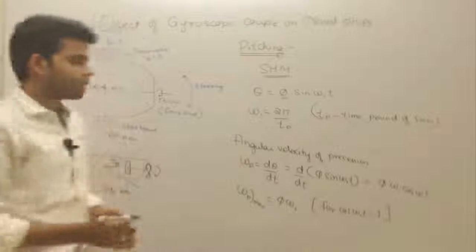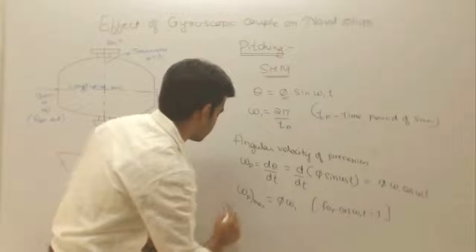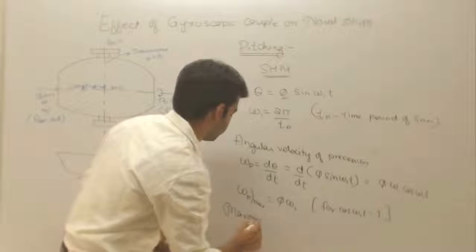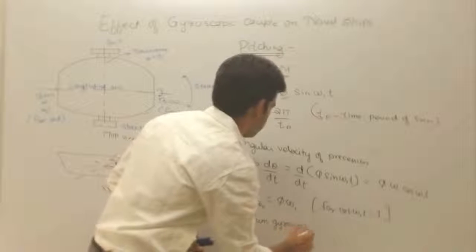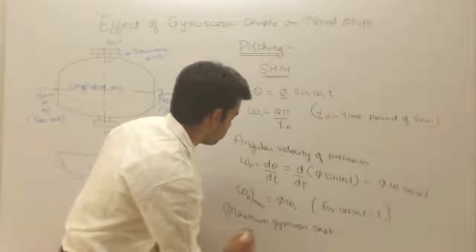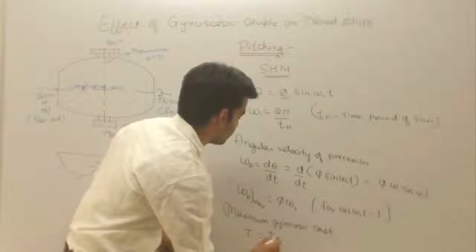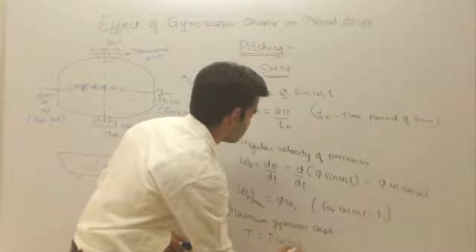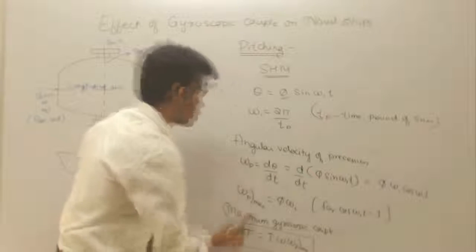So this is the maximum value of omega p. What will be the maximum gyroscopic couple now? This maximum gyroscopic couple T will be equal to I into omega p max. That's it. So this is the magnitude of maximum gyroscopic couple.